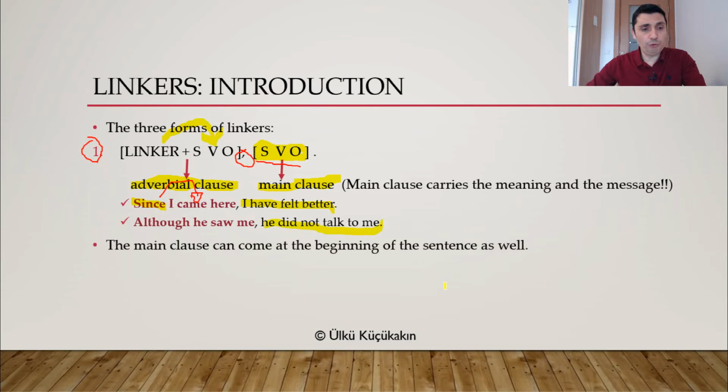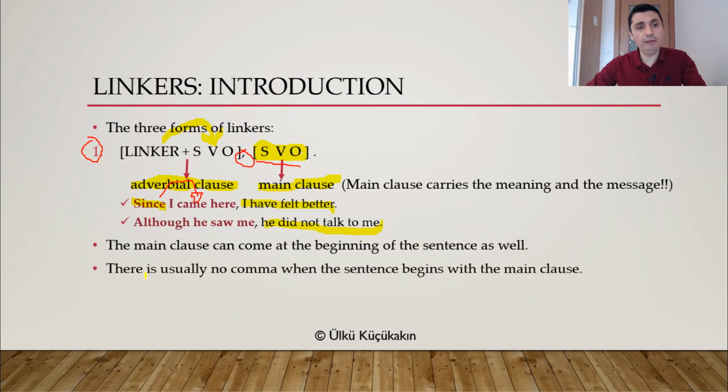Now, there's another important point here. The main clause can come at the beginning of the sentence as well. So, the main clause can be at the beginning too. What does this mean? Oh, there's one more point. There is usually no comma when the sentence begins with the main clause.